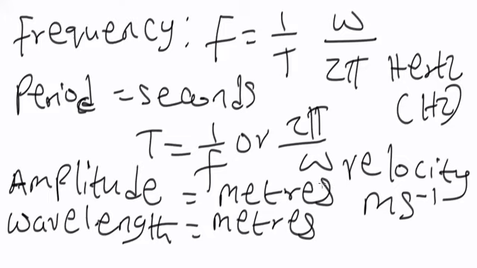Now let's look at the relationship between velocity, wavelength, and frequency in wave motion. The relationship is very important because most of the calculations we do will revolve around it. So let's wipe this and look at it.